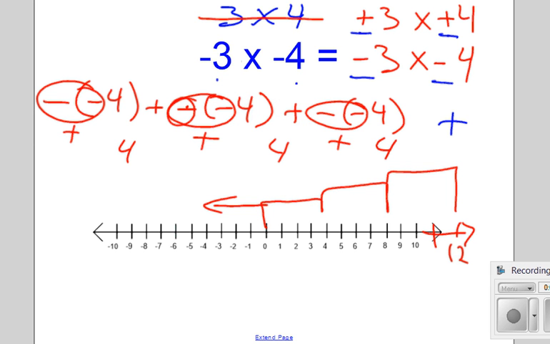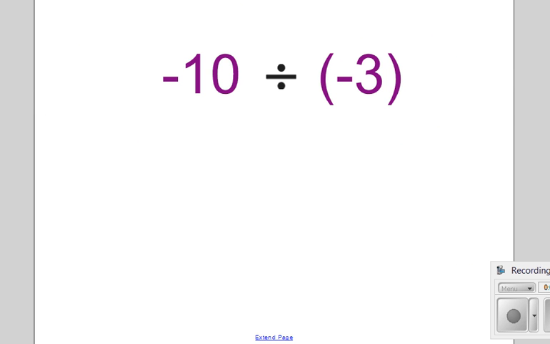Positive times positive is going to give me positive. Negative times negative is going to give me a positive. And I just showed that to you right here. This is what happens if you have a double negative. Everything's going to turn positive. So that's our first real rule, and I would encourage you to write that down. It will come up later in the notes, all right?